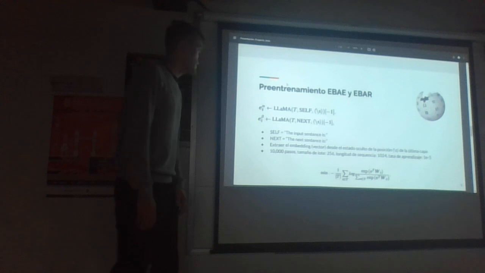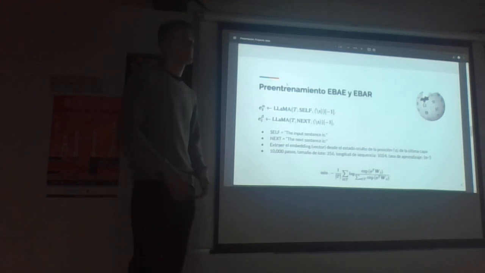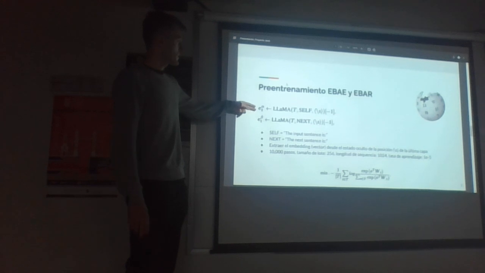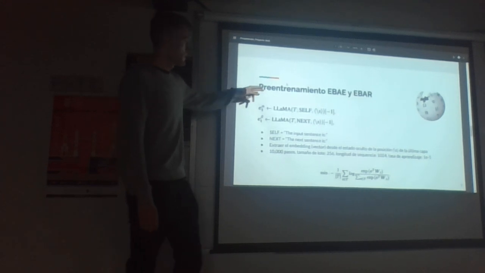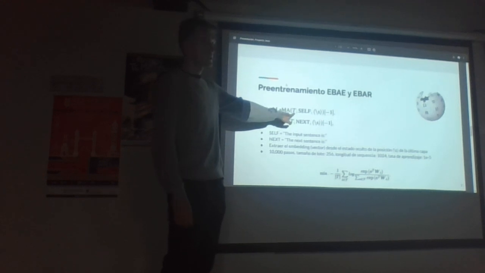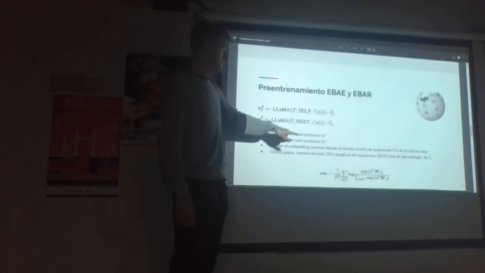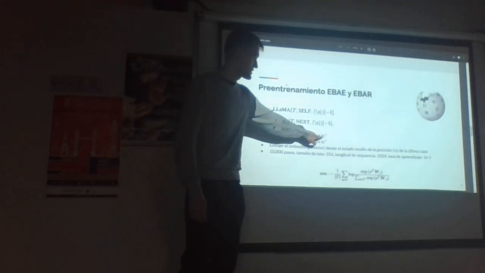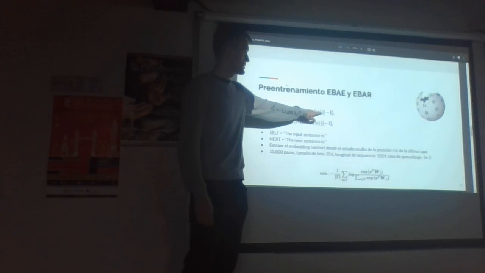So a few more details on how they did these pre-training tasks. The first line is for the EBAE task, where they feed the input text itself into the model. Then they append a prompt saying the input sentence is, and then they add the special token.